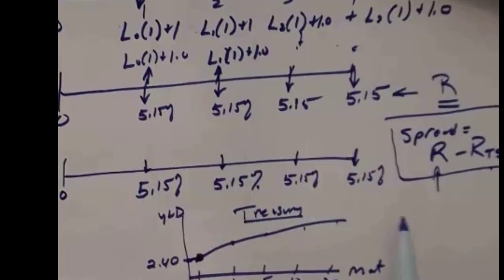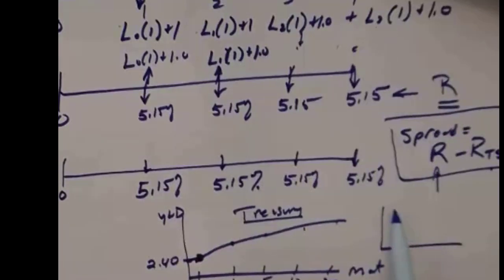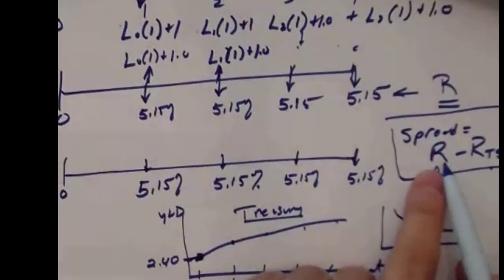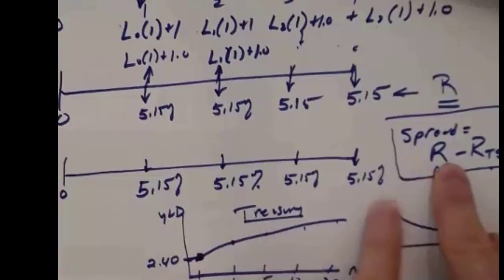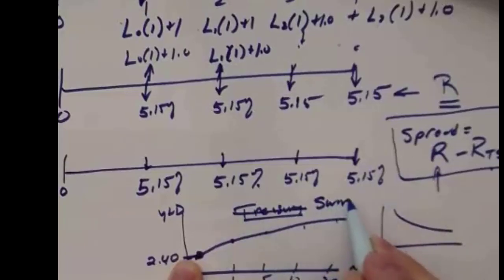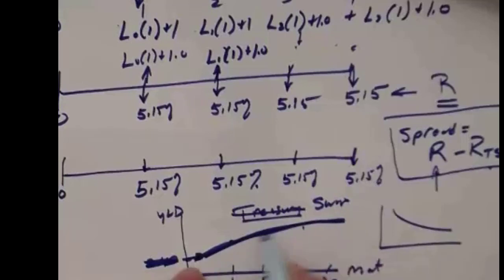And if you had a yield curve that's what's called inverted, downward sloping, people would expect interest rates to fall over time in the future. Okay? So now the point is, you could have a swap yield curve showing R, the swap fixed rate. Change this out and put swap here. In the swap, you'd have different numbers, but you'd have swap fixed rates.